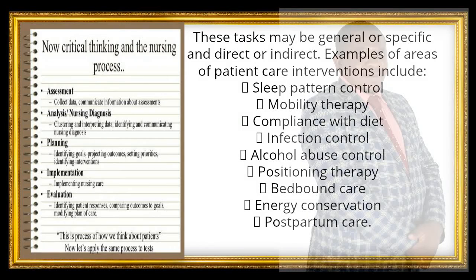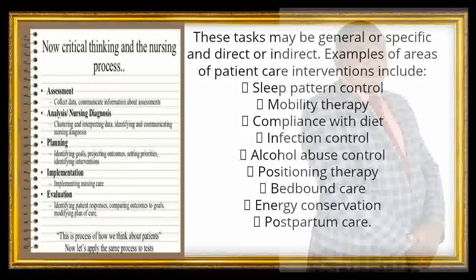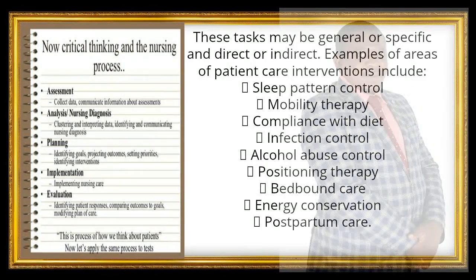Examples of areas of patient care intervention include sleep pattern control, mobility therapy, compliance with a diet, infection control, alcohol abuse control, positioning therapy. It can be bed-bound care or energy conservation and postpartum care.